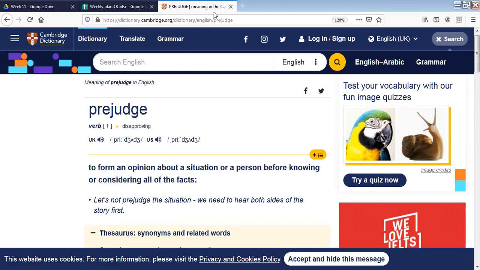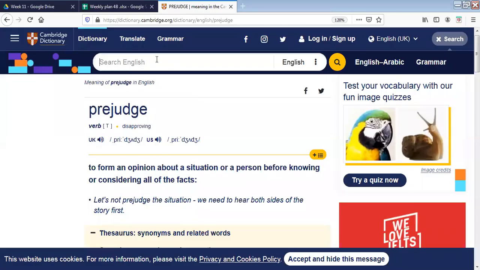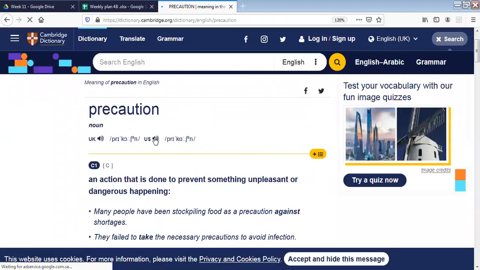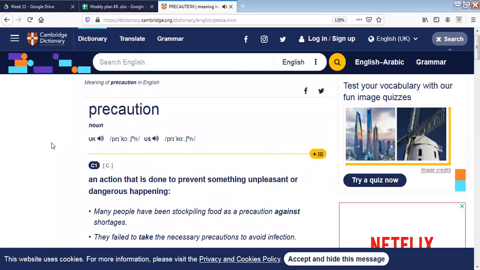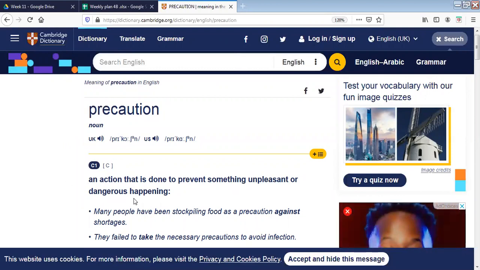The next one, I think the last one. Yeah, the last one is precaution. Precaution means an action that is done to prevent something unpleasant or dangerous from happening. So precaution means an action that we do at home in order to prevent something from happening.